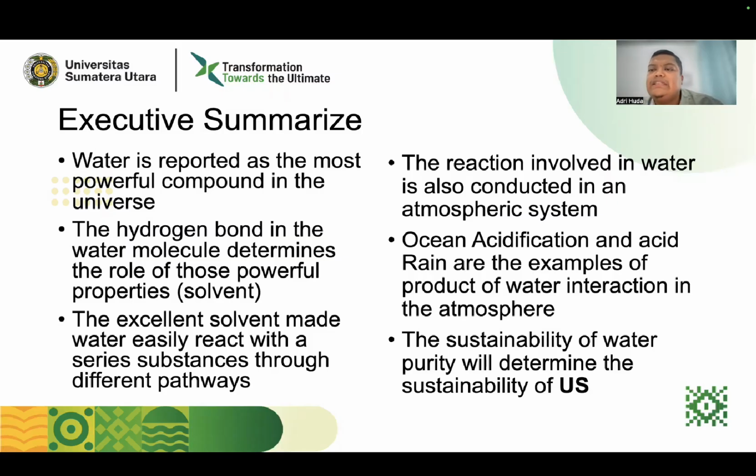Like we mentioned in this meeting, the effect of water reacting with gases in the atmospheric system is ocean acidification, which means that the seawater gets a lower pH than before, and also acid rain, meaning the natural rain contains some type of acid solution that gives the rain a lower pH.